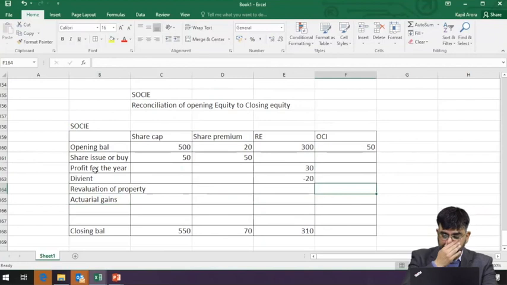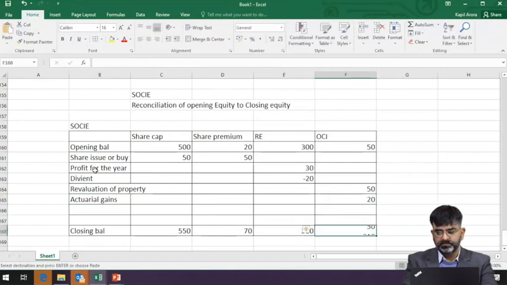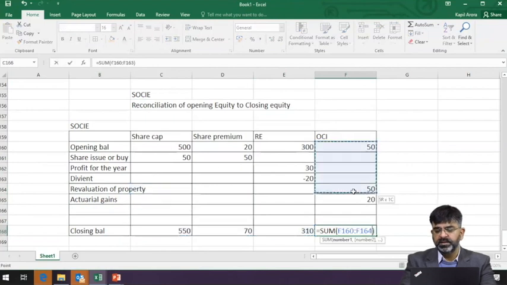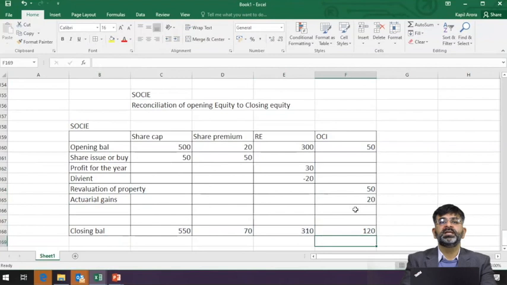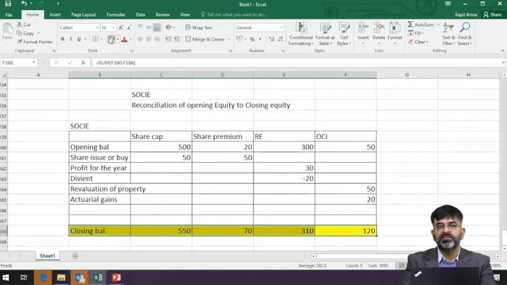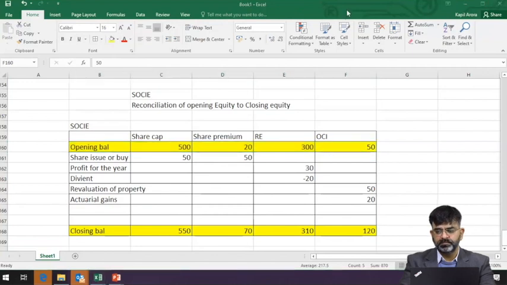So all these things would increase my other comprehensive income closing values. So this is nothing but the reconciliation, how we have arrived from this number, we need to have a separate column for each head.